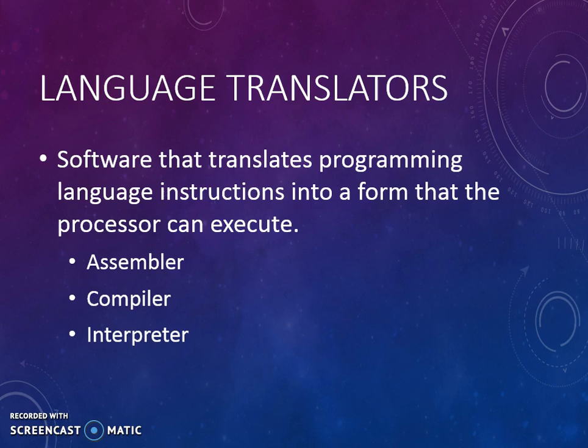To compile the program actually takes that code, the source code that you have written, and all in one go it turns it into an executable file, which is then machine code, which the computer and the processor can understand to execute. An interpreter works slightly differently. An interpreter will go line by line, statement by statement. It will translate and execute that instruction.